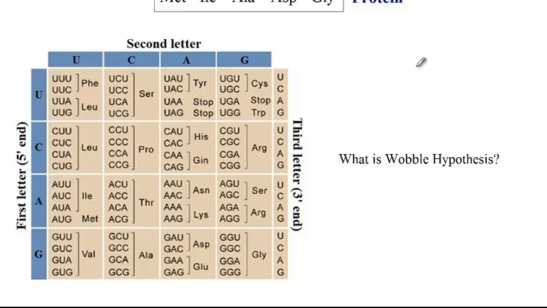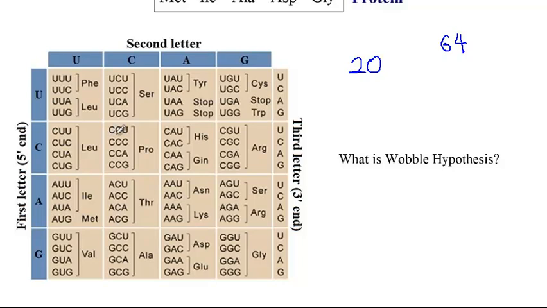But the total amino acids that we have in our body is only 20. So what happens if we have 64 codes but only 20 amino acids? Well, it means that some of the amino acids are being coded by more than one codon. Here I give you an example. For instance, leucine is coded by CUU, CUC, CUA, and CUG, as well as UUG and UUA.